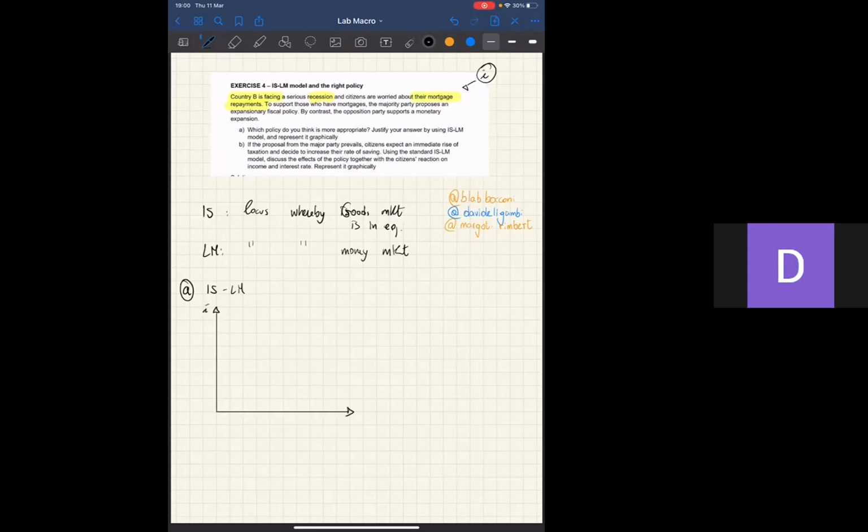So we have i and Y. If we start off like this, this should be our IS curve, and this should be our LM curve, with i equal to i prime. And this would be our initial equilibrium. So what the majority party is proposing is an expansionary fiscal policy.